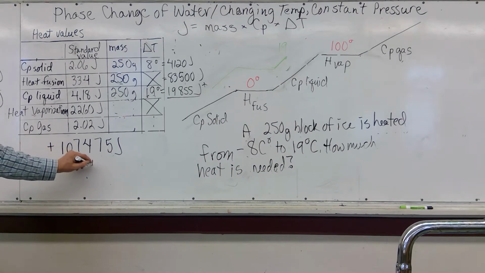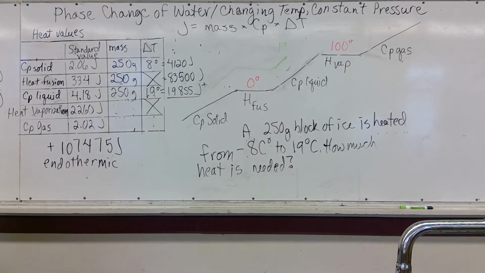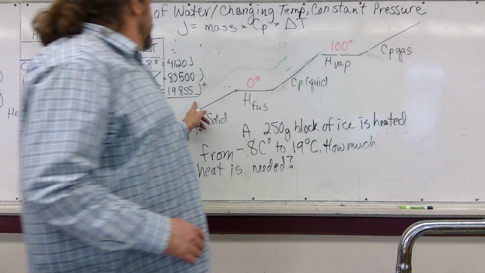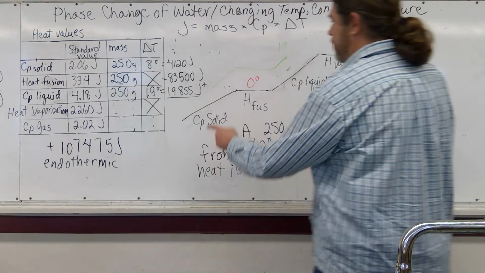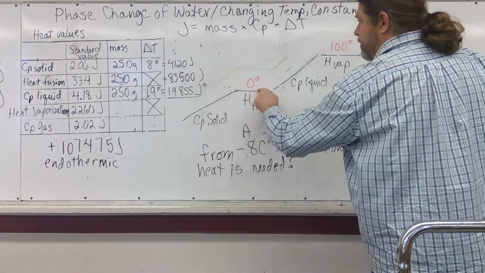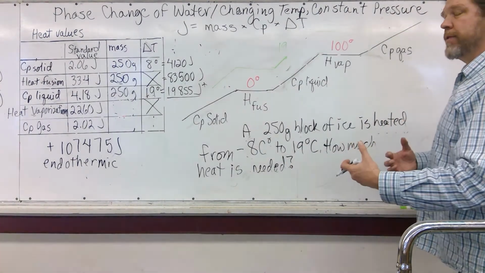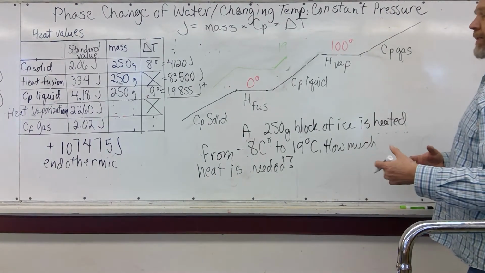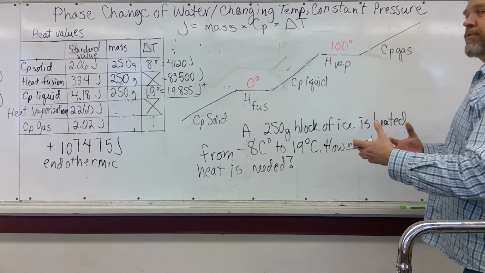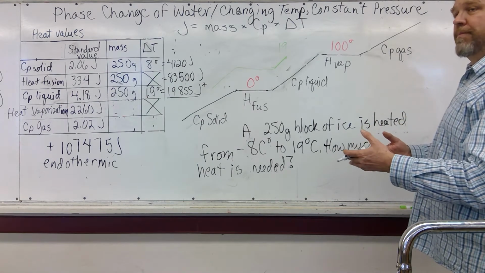And notice that I've put a positive symbol because this is endothermic. We have added energy to this system, which is a 250 gram block of ice. And that is what is making it possible first to heat up the block of ice from -8 degrees to the point where it's ready to melt. Then we have to put a whole bunch more energy in here to actually make the melting happen and to weaken those bonds between the molecules, make them energetic enough to exert something of an independence that we would view as basic motion.